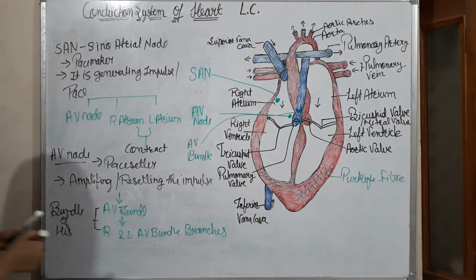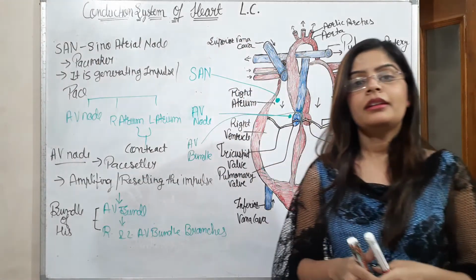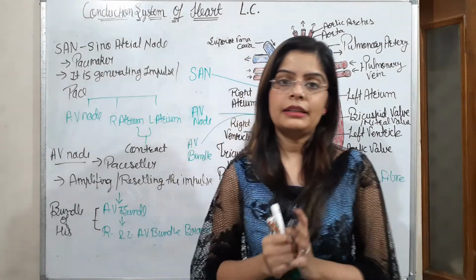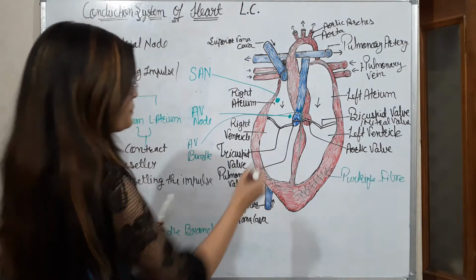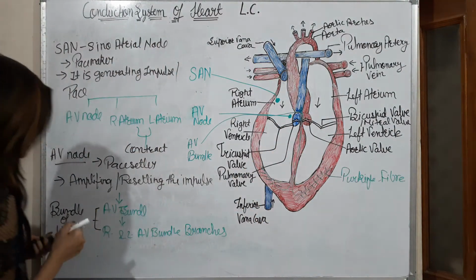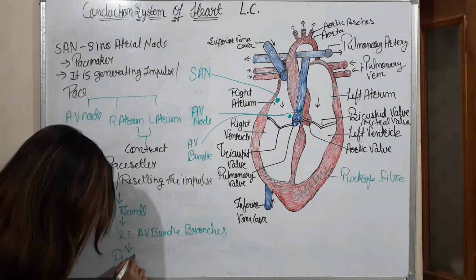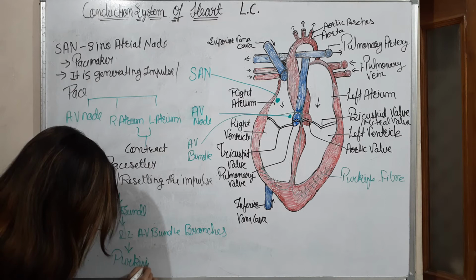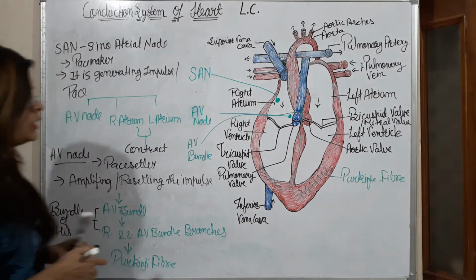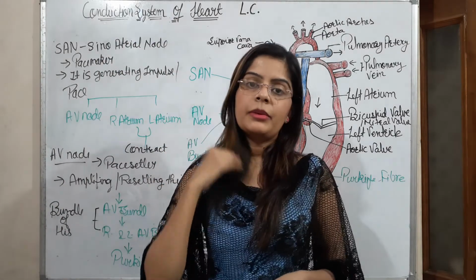So, what is the bundle of His? When the AV bundle and the right and left AV bundle branches combine, this is known as the bundle of His. This is the AV bundle and these are its branches, right and left, and then the impulse goes to the Purkinje fibers. These are outgrowths from the right and left AV bundle branches.